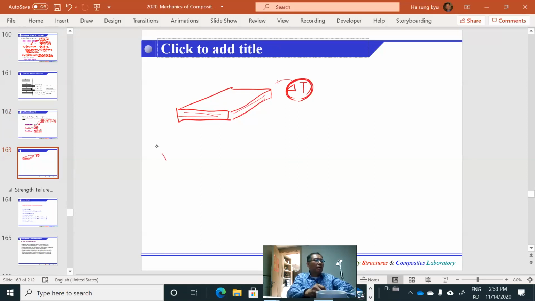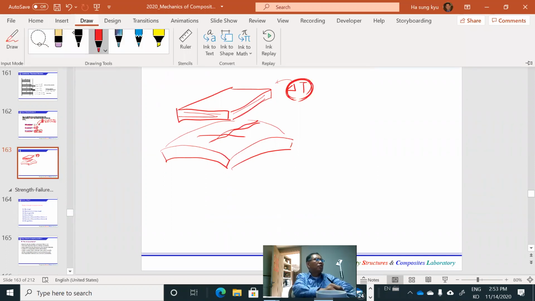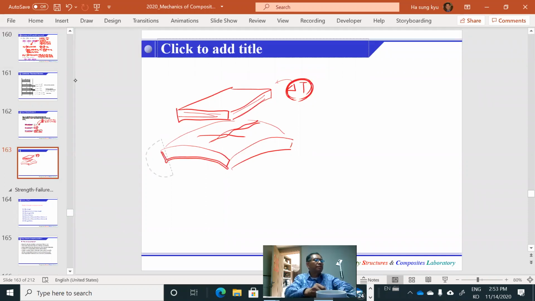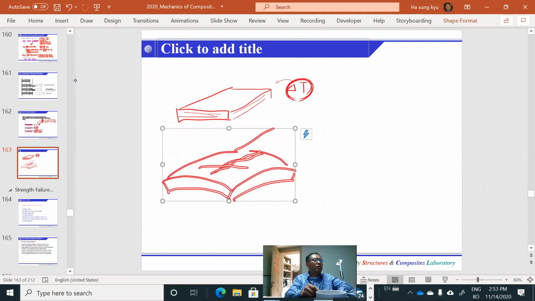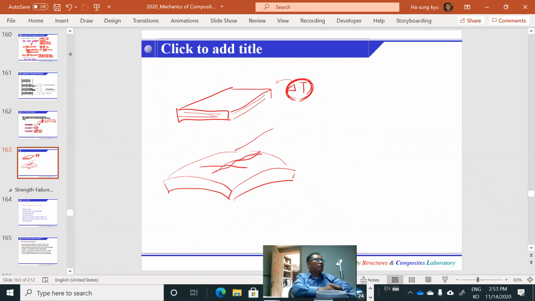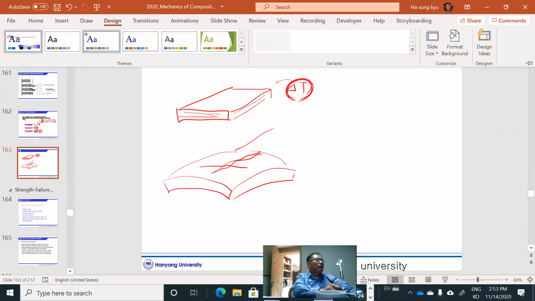Sometimes it may bend like that, or bend like that, and it may cause a lot of trouble inside the laminate. Sometimes it breaks here, and sometimes it breaks there, and this kind of deformation causes a huge problem in reality. So we should be able to predict exactly how much thermal strain we may have.